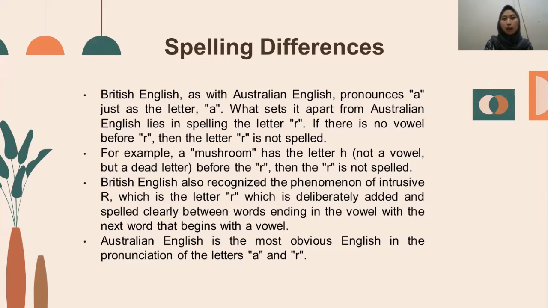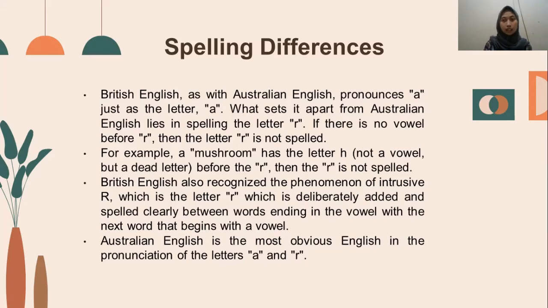For example, a word with the letter H, which is not a vowel, before the R, then the R is not pronounced.